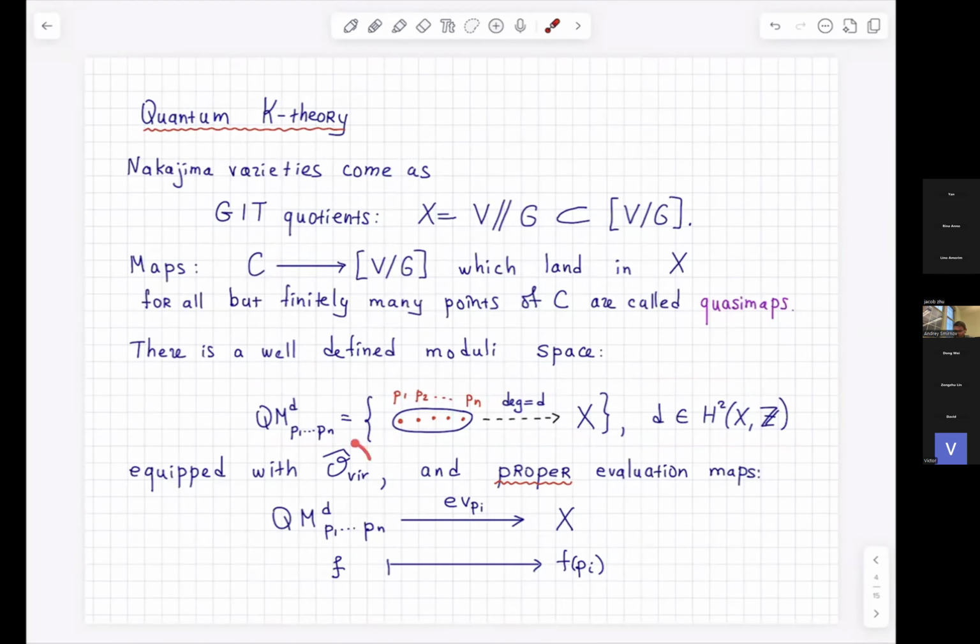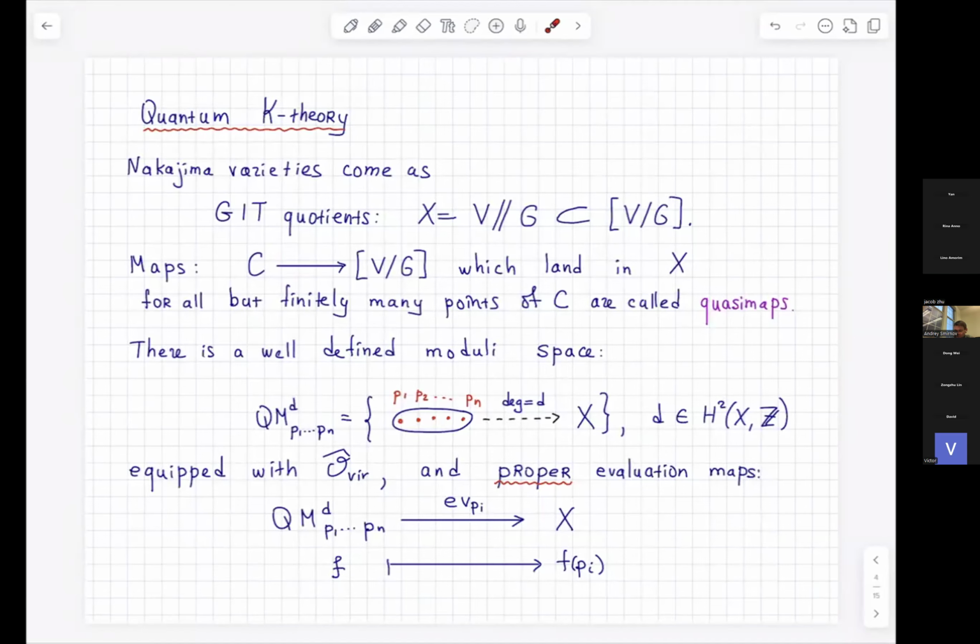So we have this moduli space, and it's equipped with some structures. First of all, we have a virtual structure sheaf on this moduli space, and we have evaluation maps for each of these relative points. Roughly speaking, the evaluation map takes a quasi-map and sends it to the value at this point P. It's known that with these relative boundary conditions, your moduli space is compactified in a certain way.